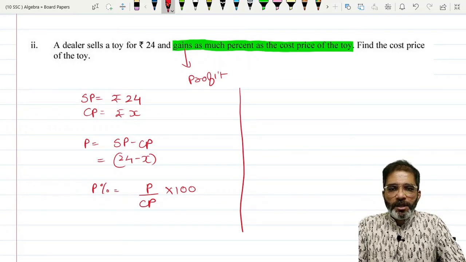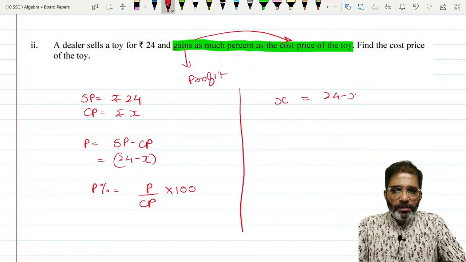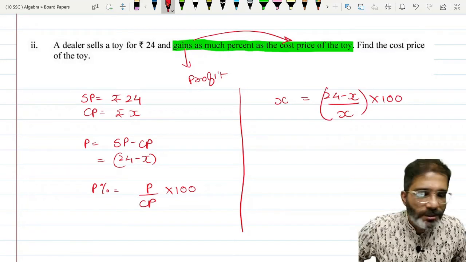And they have given he gains as much percent as the cost price. What is the cost price? X. So profit percent is also x, equals to profit upon cost price into 100. Okay, this is the sum.